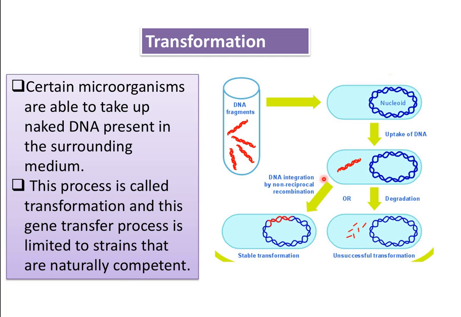If the DNA is integrated by non-reciprocal recombination, stable transformation takes place, whereas when degradation takes place, meaning the DNA fragments are not taken up by the cell, it is an unsuccessful transformation.